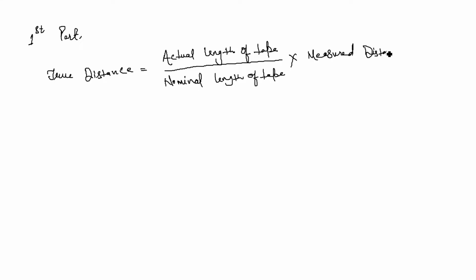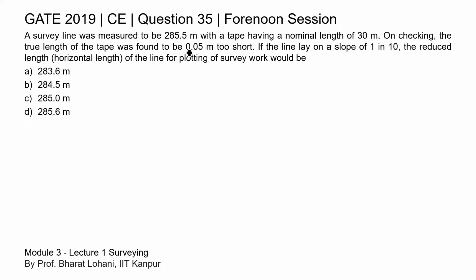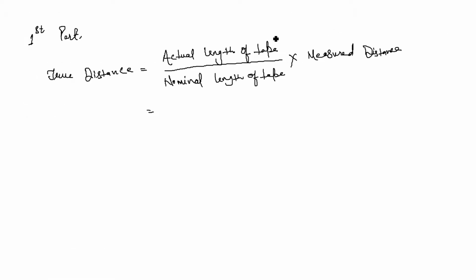So here in this question the actual length of the tape will be, since this is 0.05 meter short and nominal length is 30 meter, so we can say the actual length is 30 meter minus 0.05 since it is short, divided by nominal length. So nominal length of the tape is 30 meter into measured distance.